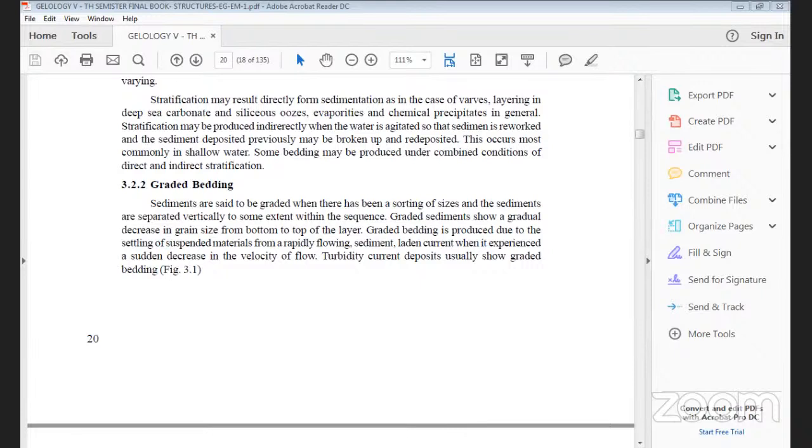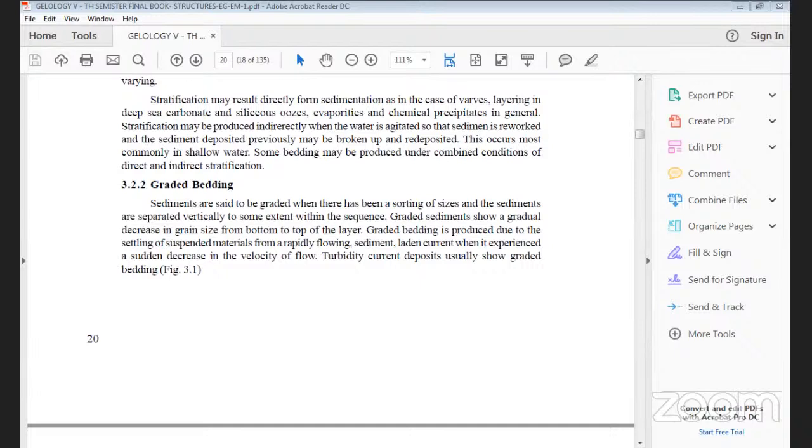Second one is graded bedding. When the sediments are set as graded, that means they are formed according to the grade formation. The graded sediments show a gradual decrease in size when we see from the bottom to the top of the layer.